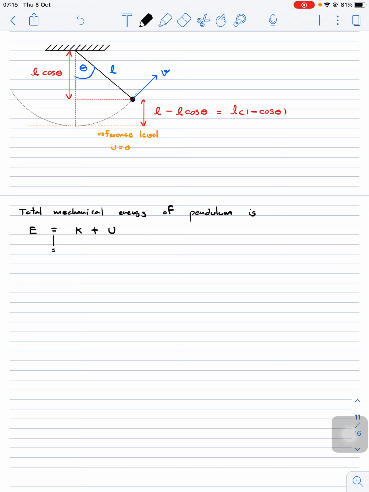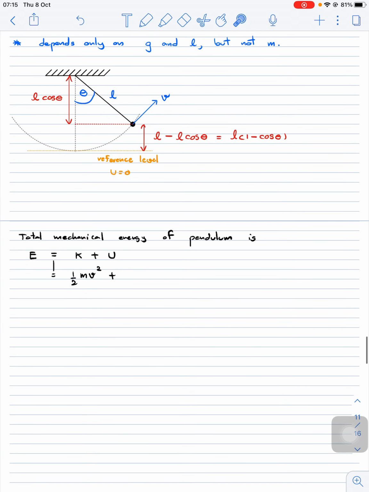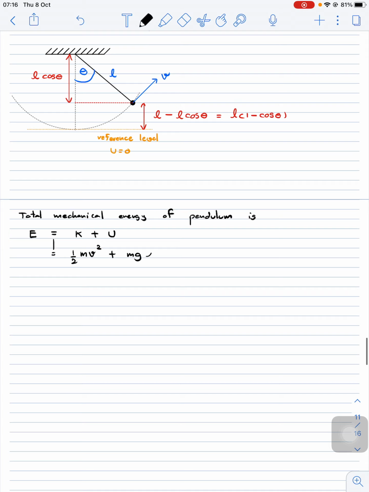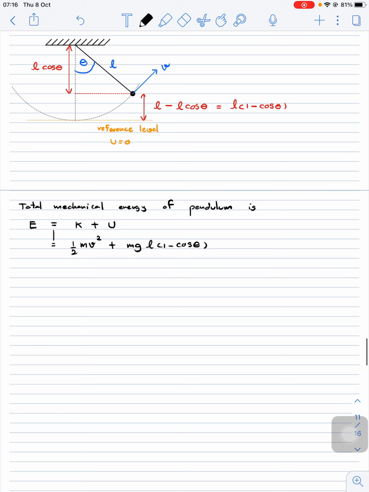For K, we have 1/2 times m times v squared, plus U. U is mg times the displacement from the equilibrium position, from the reference level, so it's equal to mg times L times (1 minus cosine theta). This is going to be equal to the total mechanical energy. Let me just put a box here.